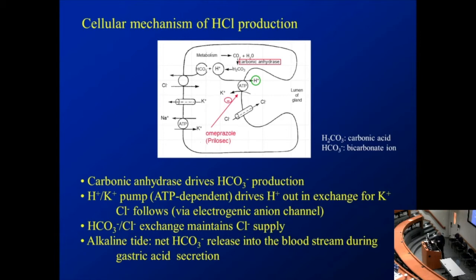Then, when you accumulate protons in the lumen of the gland, chloride follows, so you have electroneutral conditions. That's why we have hydrochloric acid in the stomach. The bicarbonate that is also produced for each proton is then transported out of the cell at the basolateral membrane in exchange for chloride, which provides the supply for the chloride that is transported into the lumen of the gland.